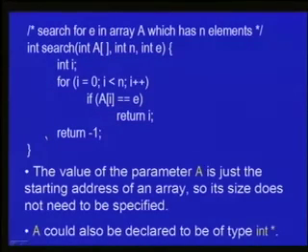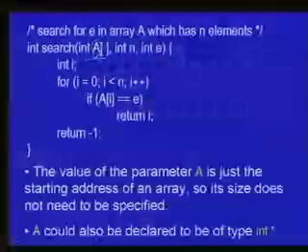So the important point to note is that the value of the parameter a in this function is nothing but the starting address of the array which is being passed as an argument. A copy of that array is not being passed, and that also means that when we declare this array, we don't need to specify the size of the array.